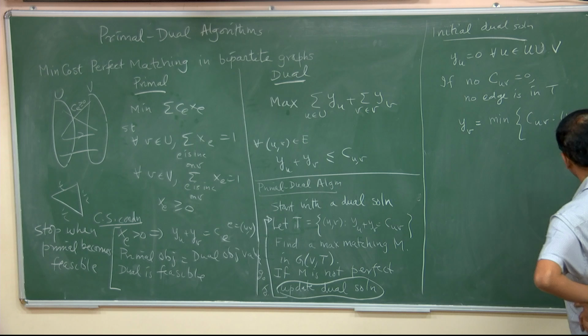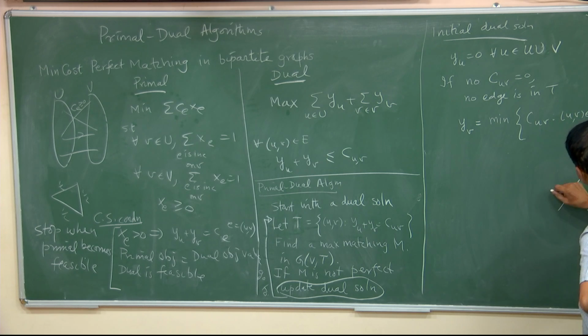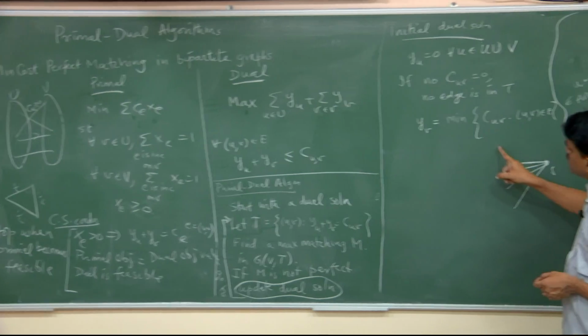So I look at a vertex v, look at all edges coming into it, look at their cost, take the minimum cost and put that value here. And I can do that for every vertex. Now when I do that, notice that if this is the minimum cost, then y_u's were all 0 anyway.